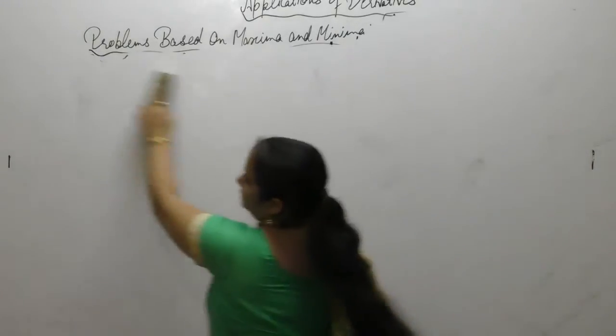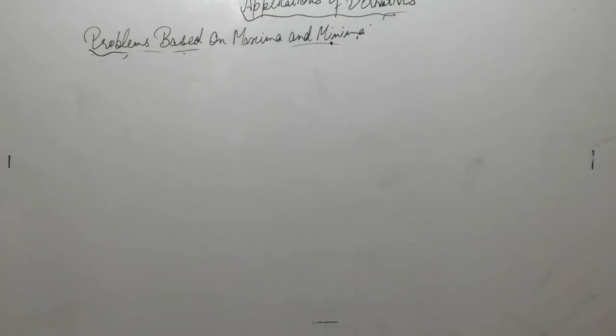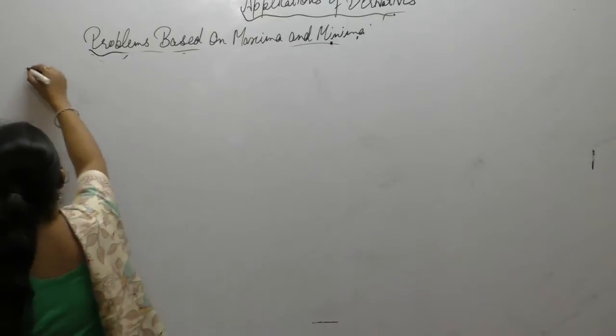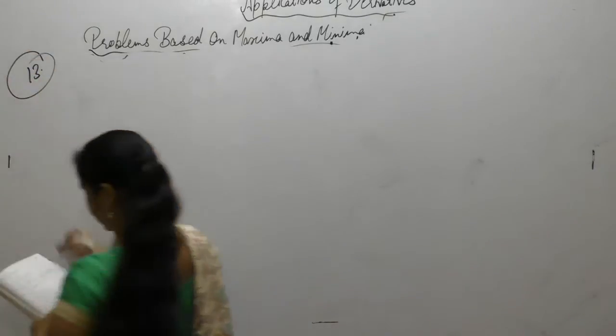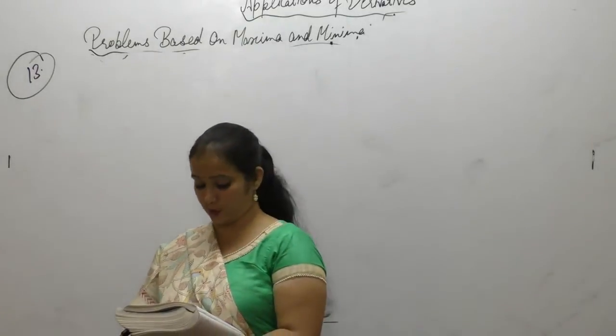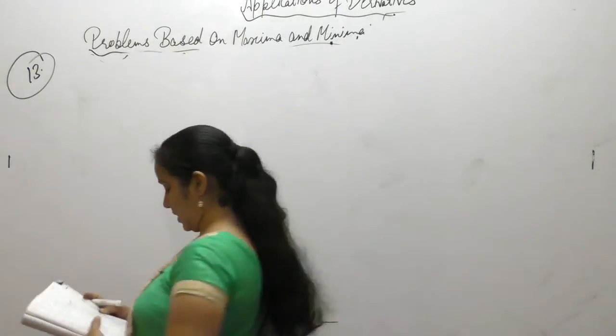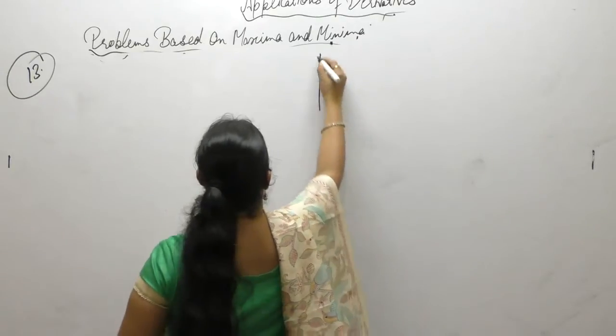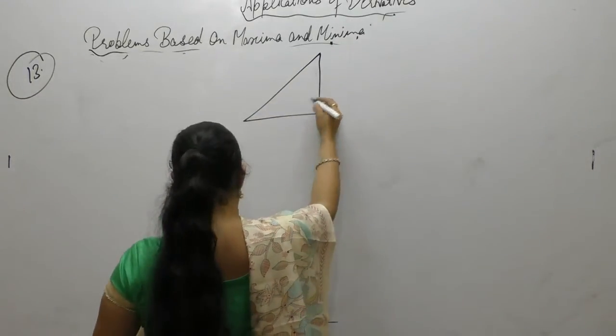Now the next one. Prove that the area of a right angle triangle of given hypotenuse is maximum when the triangle is isosceles.